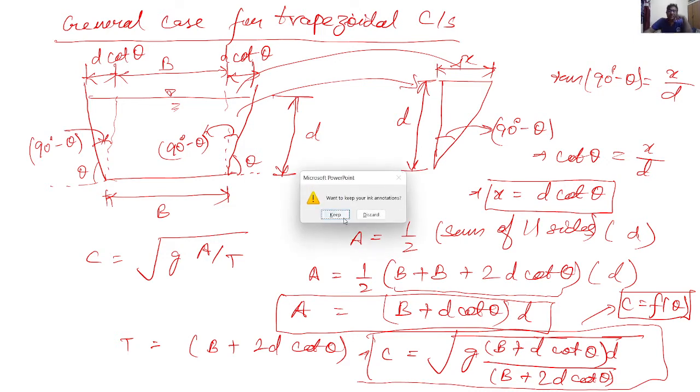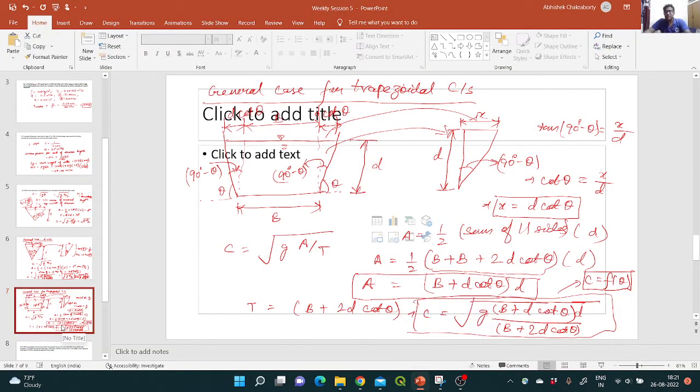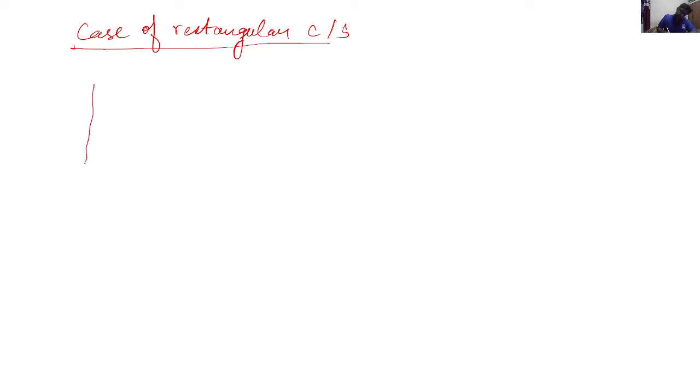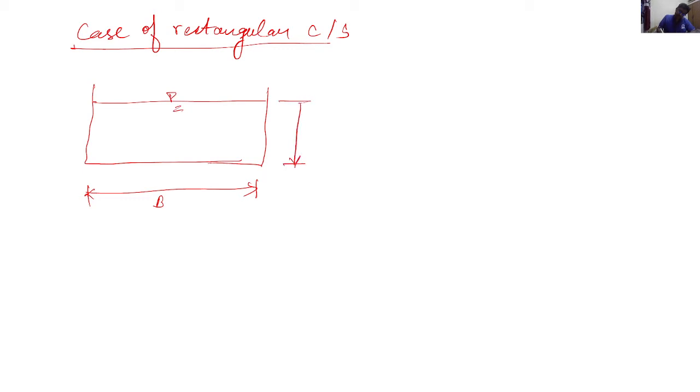Now let us take the third most prominent kind of cross section, which is a rectangular cross section. Let us suppose the base, or the width of the rectangular cross section, is capital B. This is the free surface level, and small d happens to be the depth of the flow.